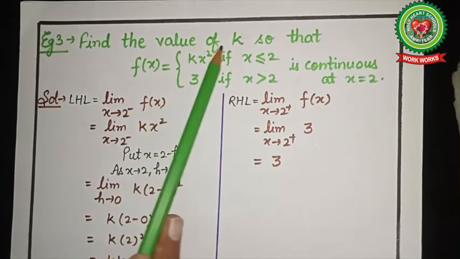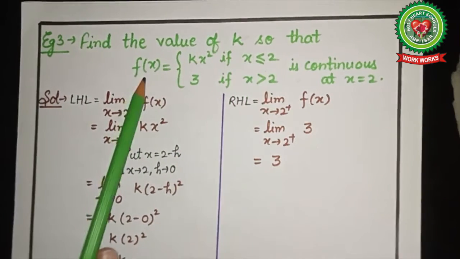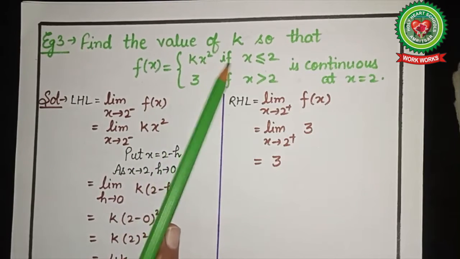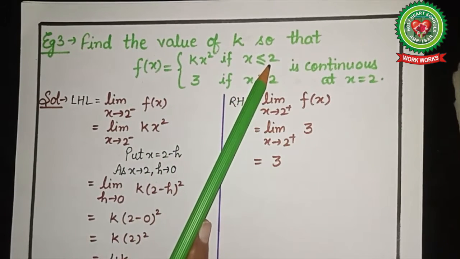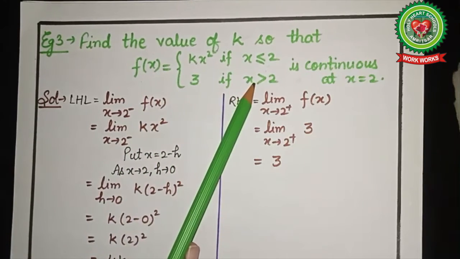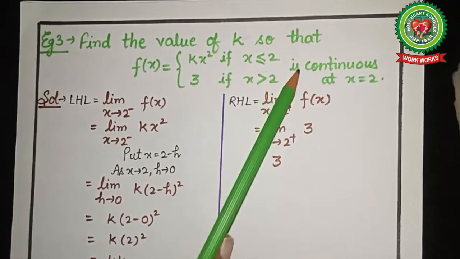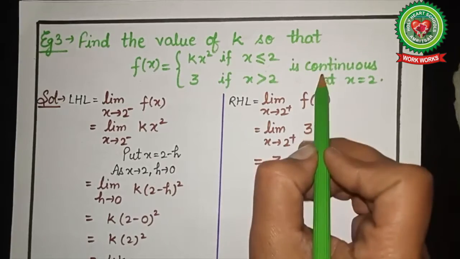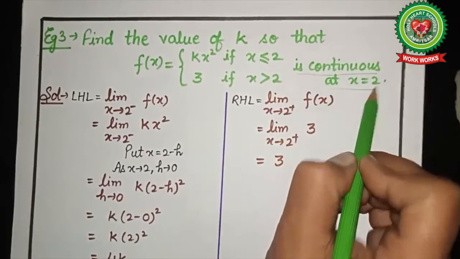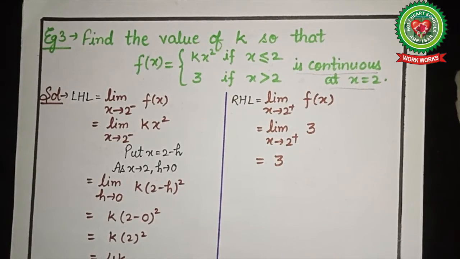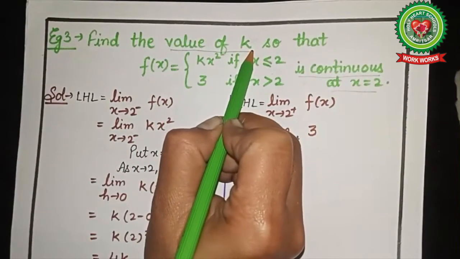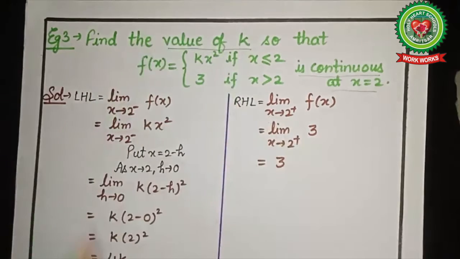Find the value of k so that f(x) is equal to kx square if x is less than or equal to 2, and f(x) is equal to 3 if x is greater than 2, is continuous at x equal to 2. Now the given function is continuous at x equal to 2 and we have to find the value of k. This is the second type of sum of the topic.